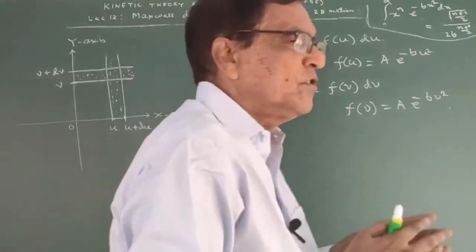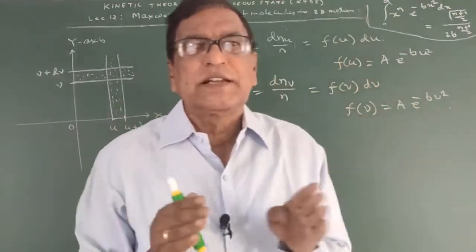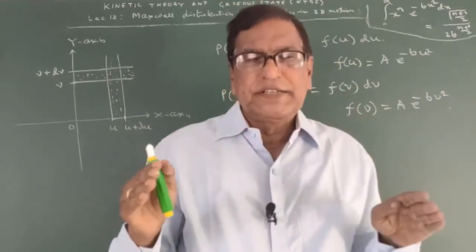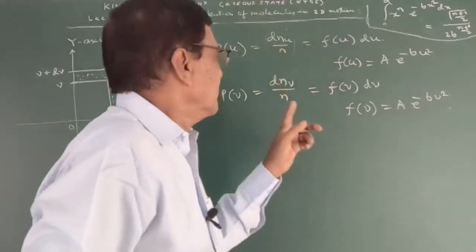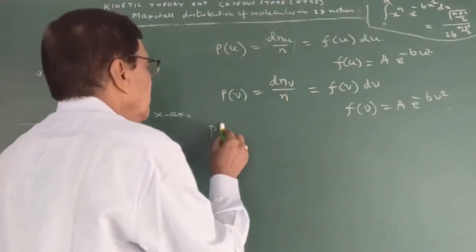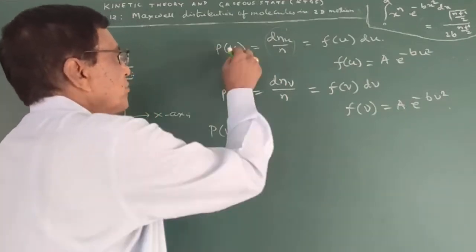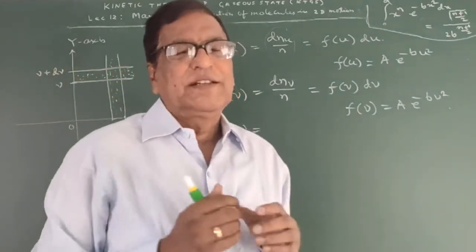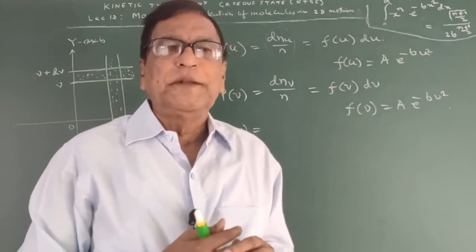So if we consider molecules moving along the x-axis and also along the y-axis, then the probability P(u,v) will be equal to the product of these two probabilities. As we have seen, probability is a multiplicative property.